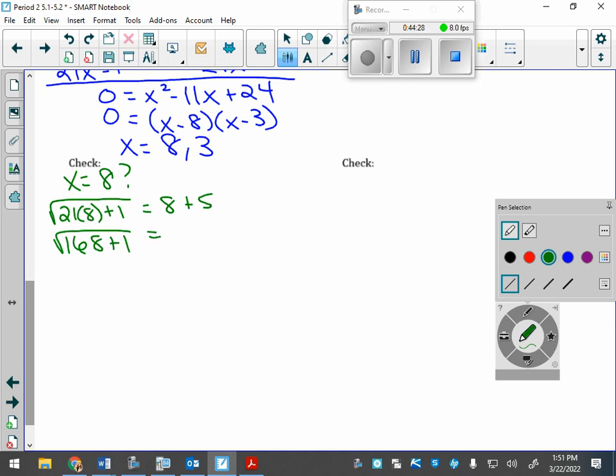And 8 plus 5? 13. And we have, what is the square root of 169? 13 equals 13. So is 8 a solution? Yes, it is. We're going to do the same thing with 3.